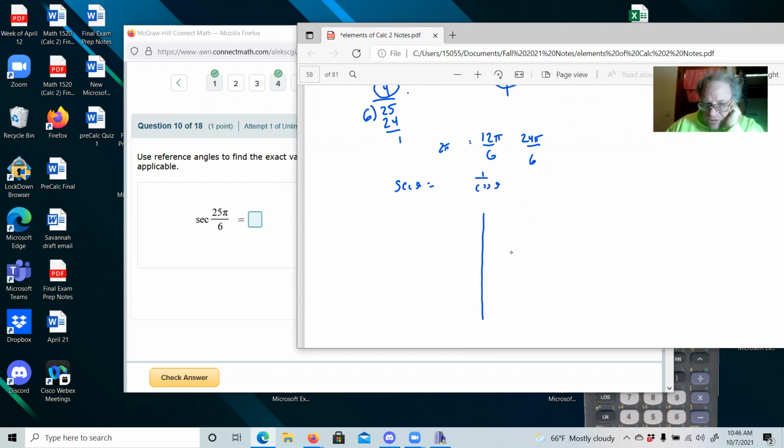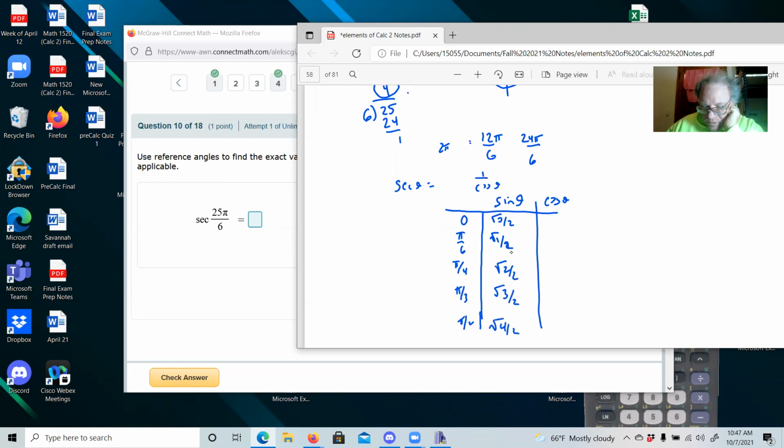And do you remember doing this? Do you remember saying 0, pi over 6, pi over 4, pi over 3, and pi over 2. Here is my sine of an angle and my cosine of that angle. Sine was square root of 0 over 2, square root of 1 over 2, square root of 2 over 2, square root of 3 over 2, square root of 4 over 2.